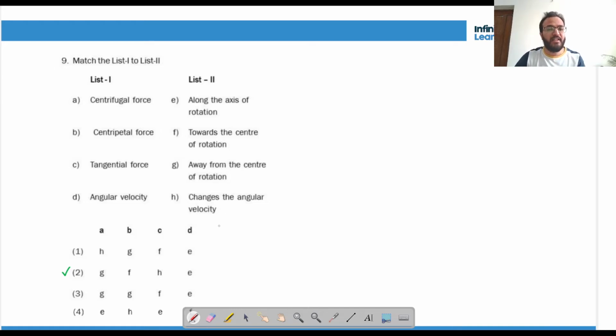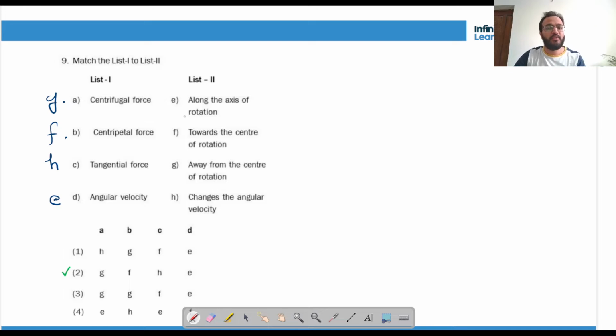Now this is very simple. Centrifugal force and centripetal force towards the center of rotation. So for B you will write F here. Centrifugal force away from the center of rotation, for A you will write G here. Tangential force changes the angular velocity, H, and angular velocity is along the axis of rotation, absolutely correct.